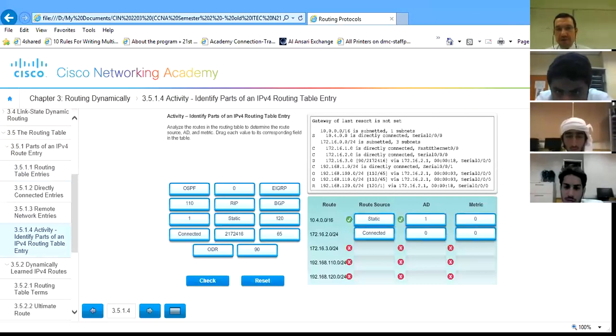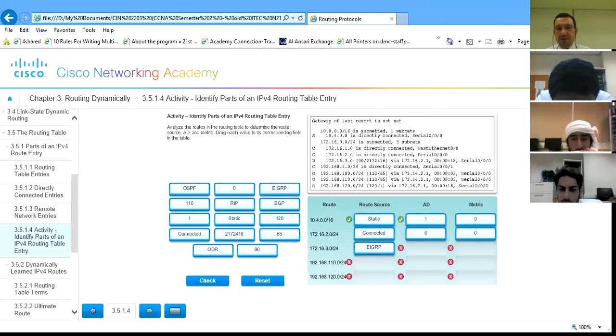What is the source? What is the letter next to it? What is D? What did you say D is? Which protocol is D? It's EIGRP. Okay, thank you, Rashid. What about the admin distance? Let Abdullah please answer.